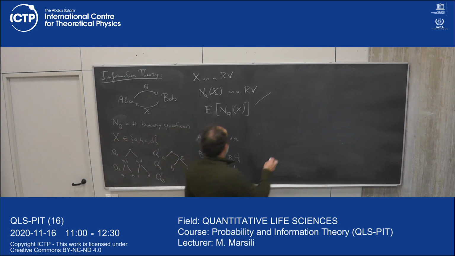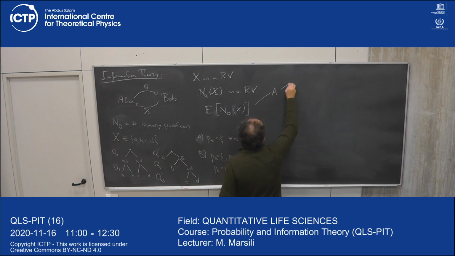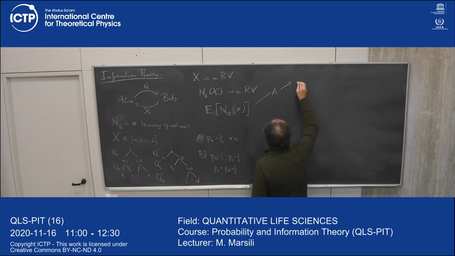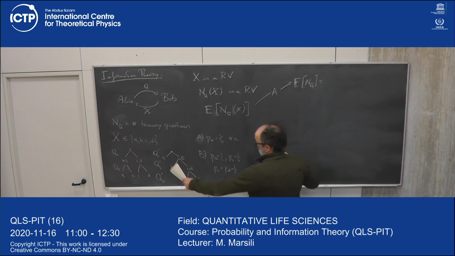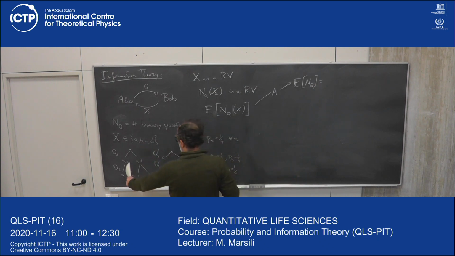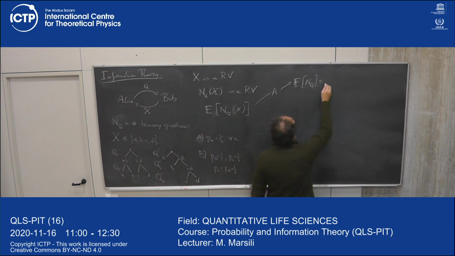So in case A, if you ask questions with Q, the expected value of the number of questions you have to ask with this scheme is always equal to 2.